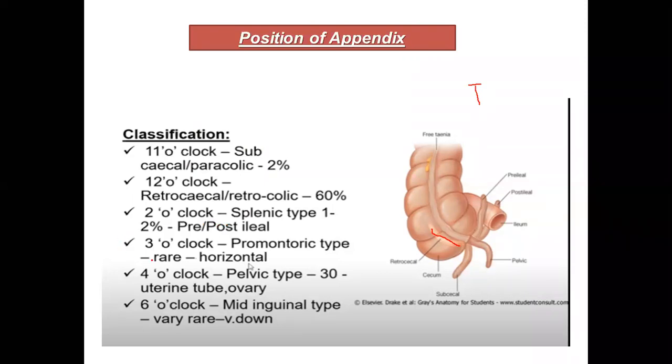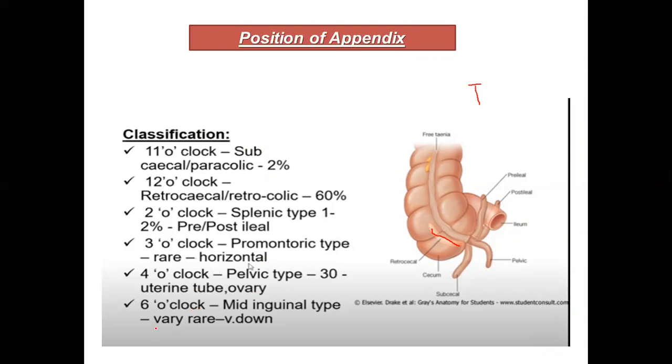One of the rare types is the 3 o'clock position of the appendix, which is the promontoric type, in a horizontal position. Then the appendix can be found in the pelvic cavity. That is one of the positions of the appendix, and it can be in relationship to the uterine tube and the ovary as well.